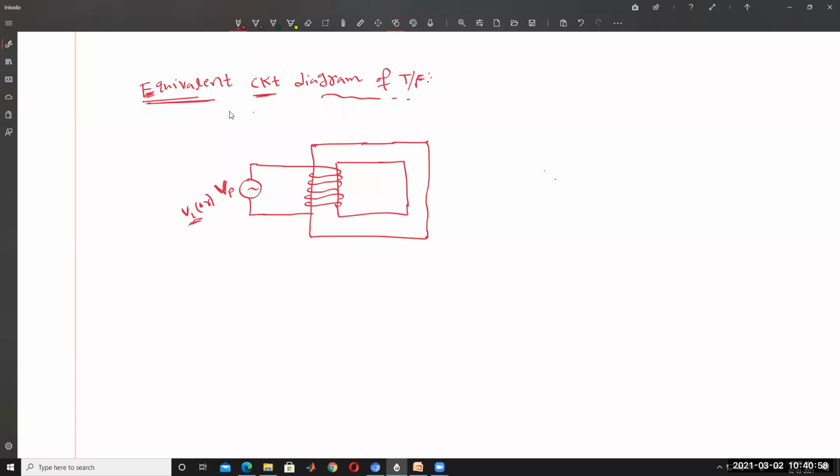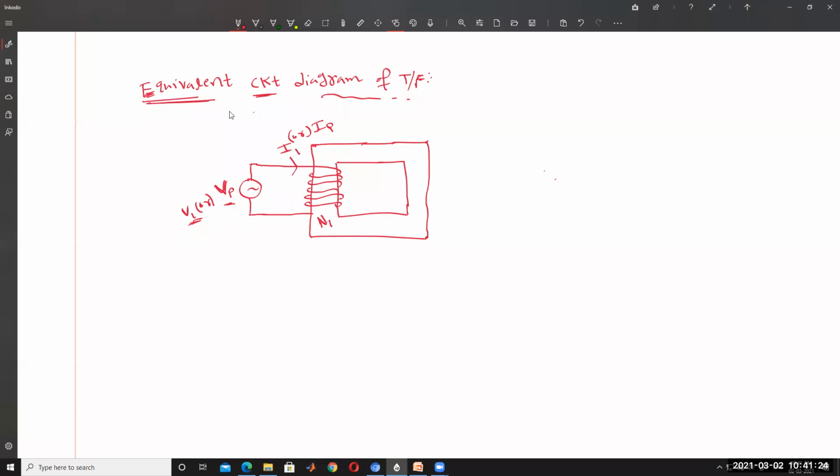This is called the primary current, I1 or IP. This is the number of turns in the transformer primary winding, called N1.